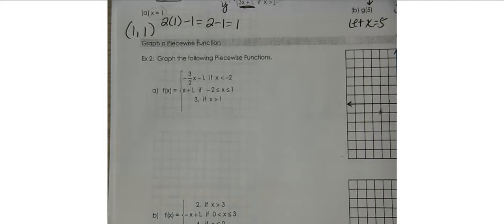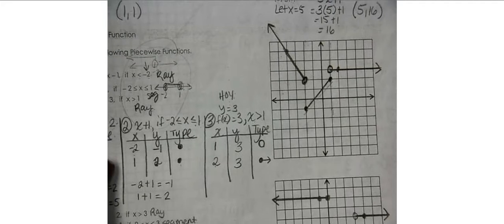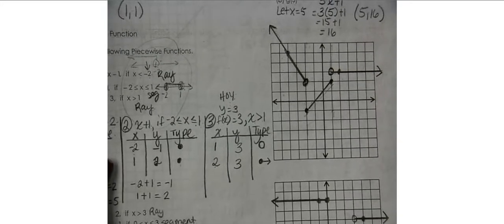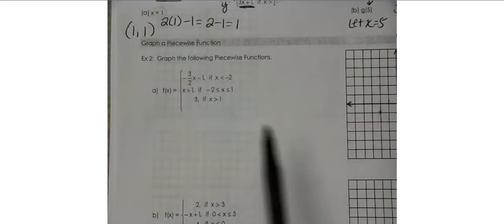We learned in geometry last year that if we're going to discuss pieces of lines, there are two different types of pieces. There are rays and there are segments. And we're going to be drawing rays and segments depending on our domain. So how do you know if you're going to have a ray or a segment? It depends on your domain.